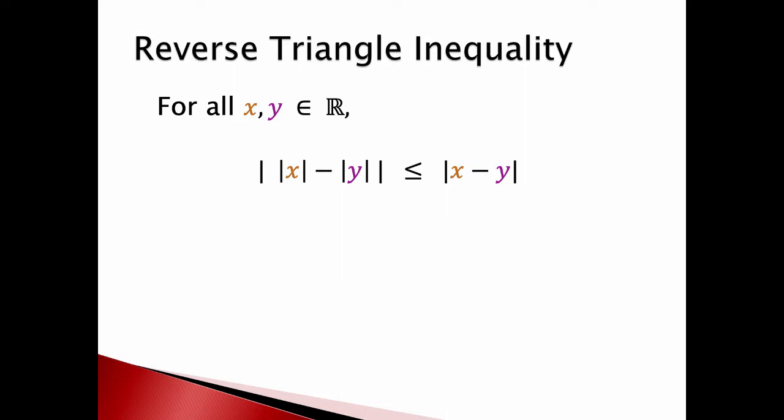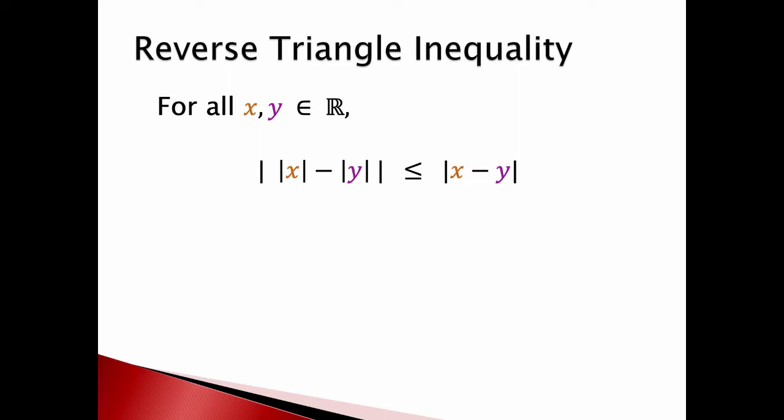I mean, think about what would happen if you had two numbers like 3 and 5. Then the difference between 3 and 5, whether you take the absolute values or you don't, doesn't matter much. And so you actually get equality, if both x and y are positive. What could happen though is suppose you had 3 and negative 5.